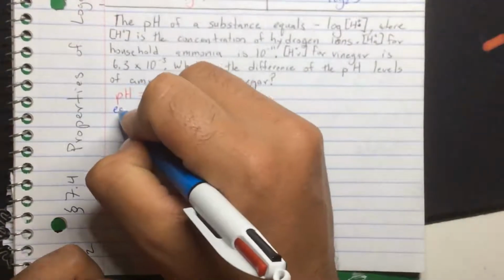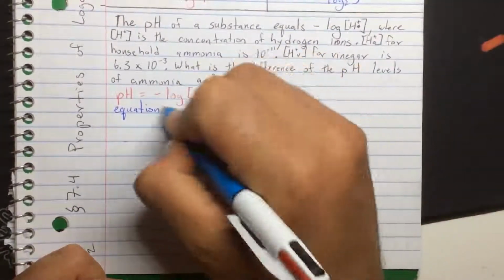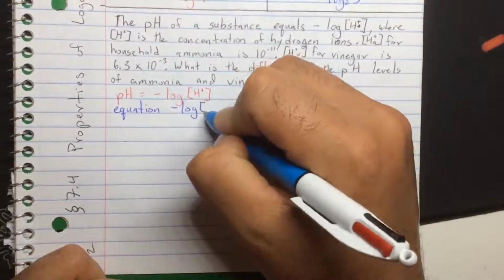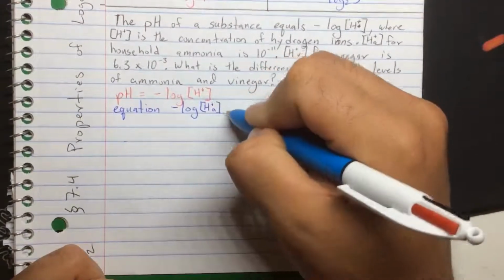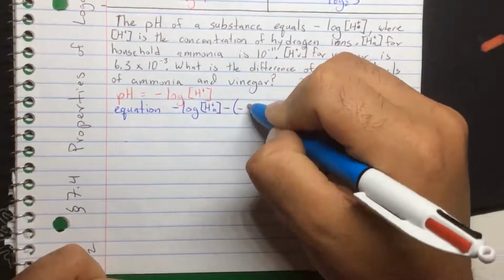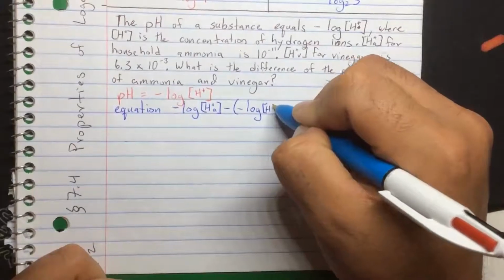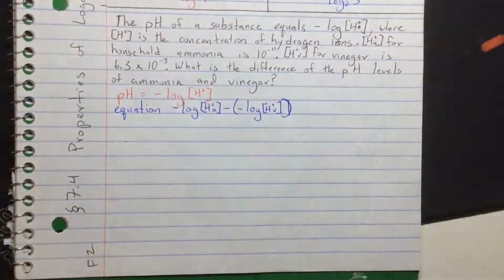So our equation is going to be, remember these all have to be in this format here. We have our negative log of H plus, and our first one is ammonia, minus our negative log of H plus, which is our vinegar, in parentheses.